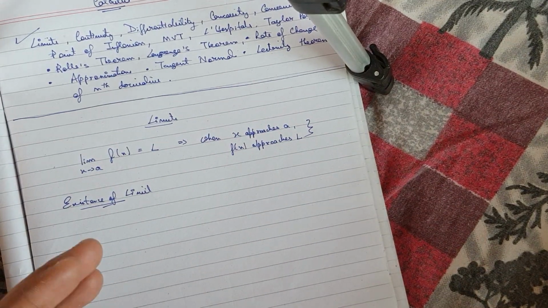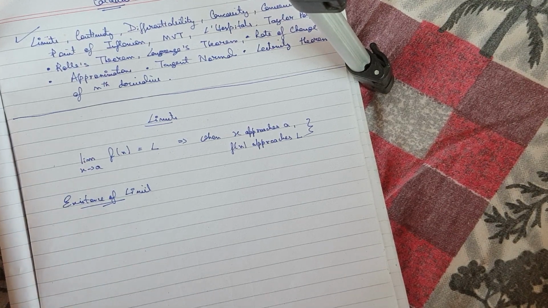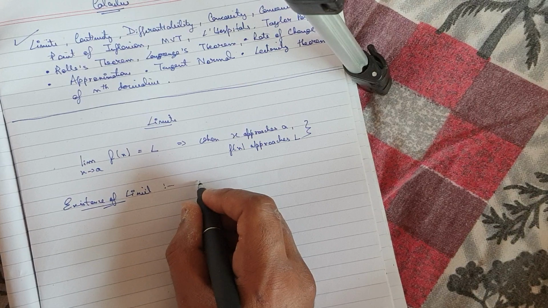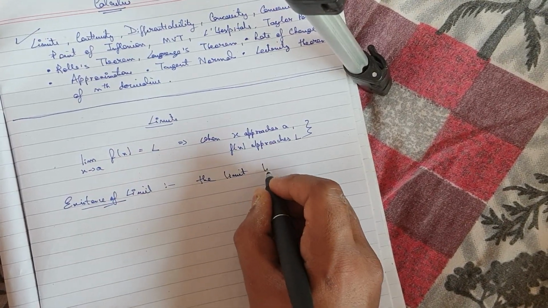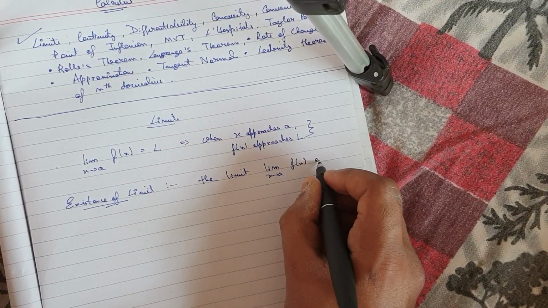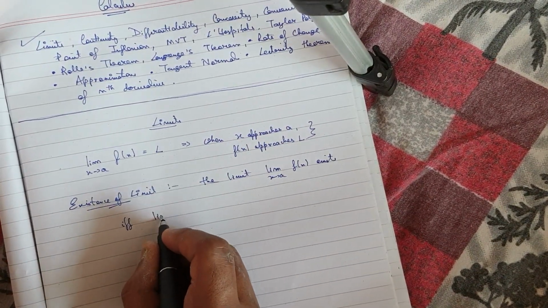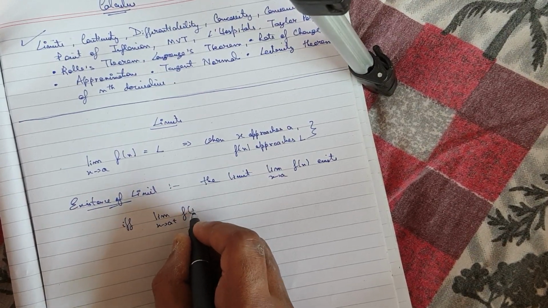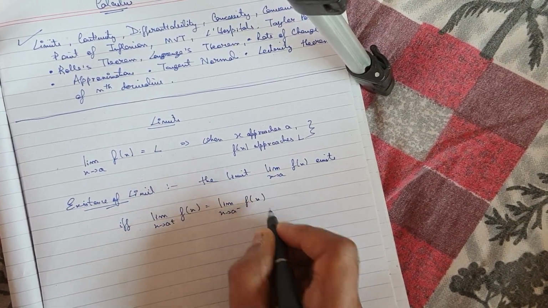This thing is pretty clear, right? When x is approaching a, when x is moving towards a, f(x) is approaching L. Now what is the existence of limit? According to the existence of limit, the limit, limit x tends to a of f(x), exists if limit x tends to a plus of f(x) equals limit x tends to a minus of f(x).